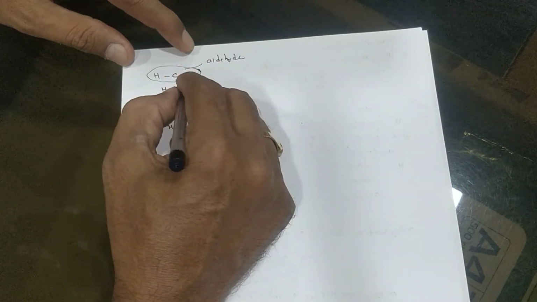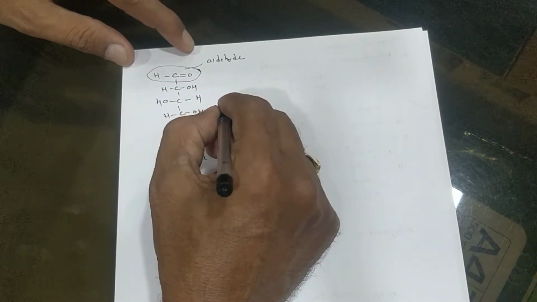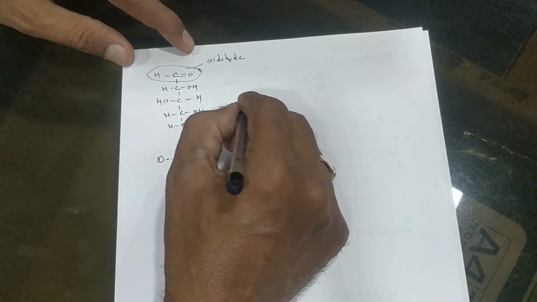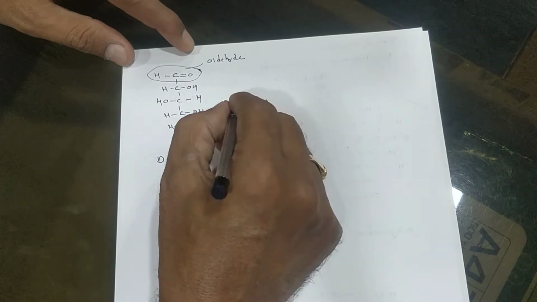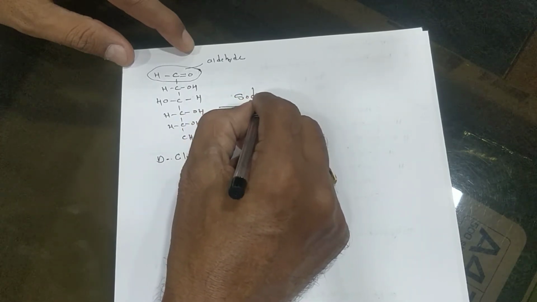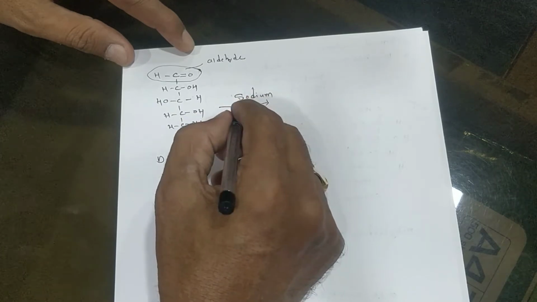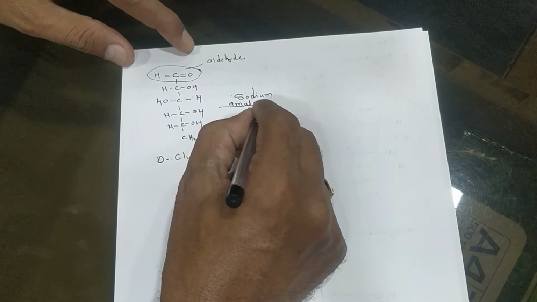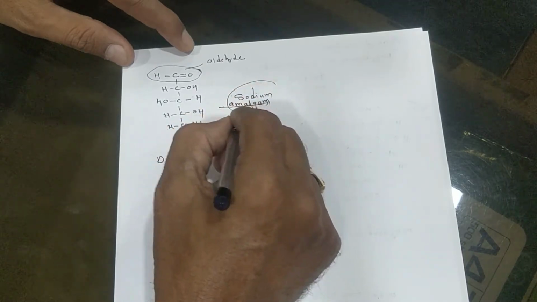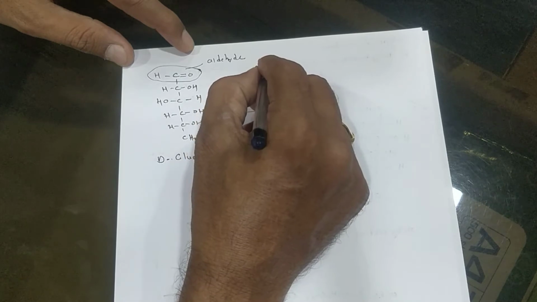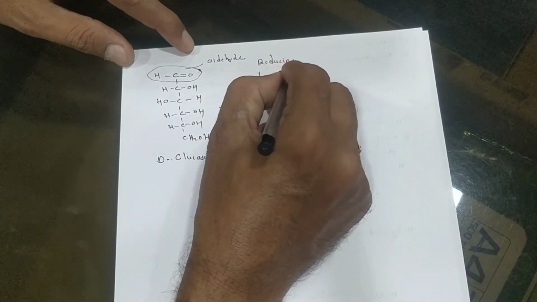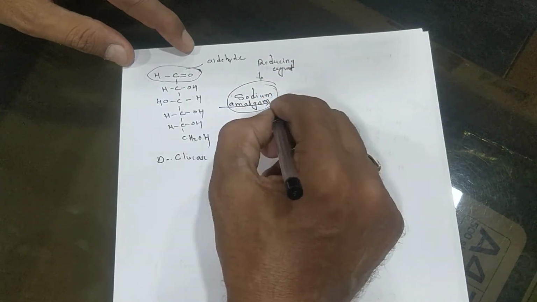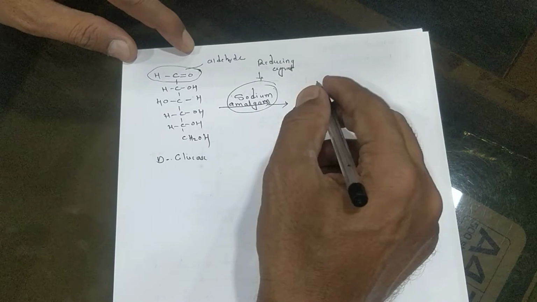You can write it in that manner also, the aldehyde group, and you will get the reduction reaction. Reduction reaction means the addition of hydrogen takes place by using sodium amalgam. Sodium amalgam is used as a reducing agent, and it gives the corresponding alcohol.